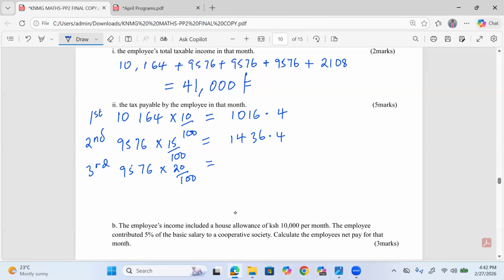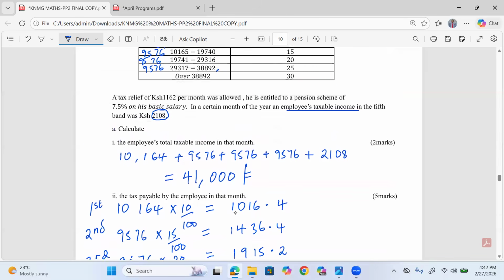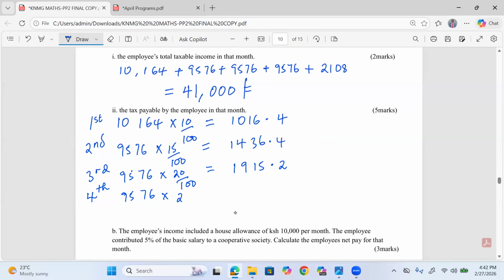This is 1915.2. In the fourth, we have the same 9576 times, is it 25%? Yes, 25%. This is 2394.